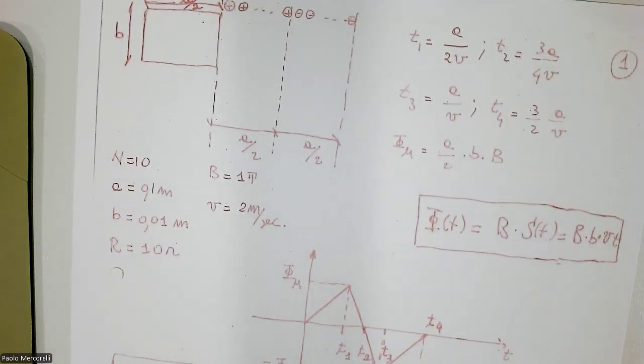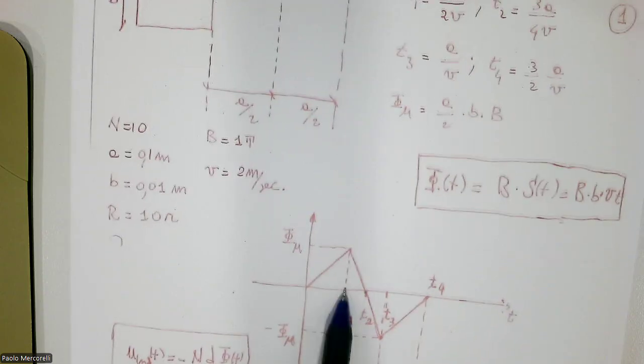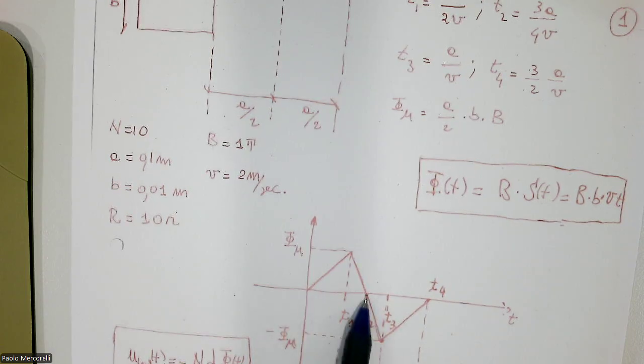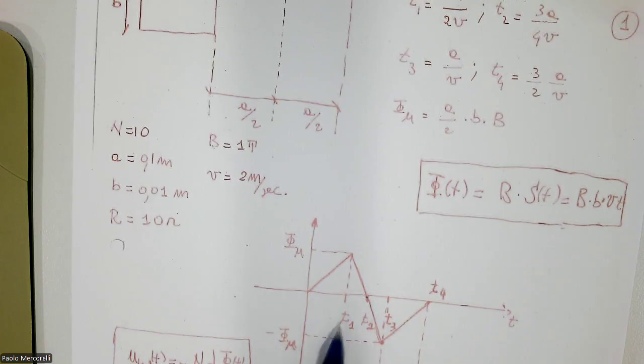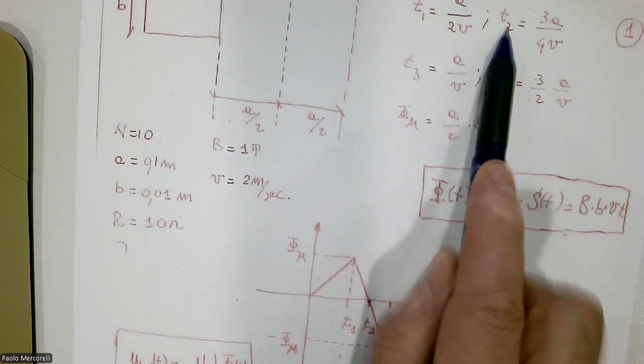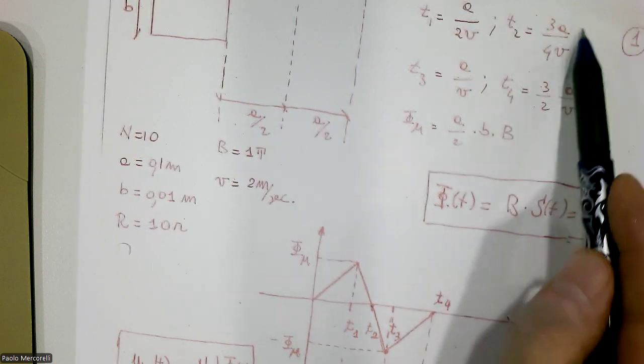But this happens in the time of half of t1. I mean, better to say, t2 minus t1 is half of t1. In this sense, what is t2? t2 is t1 plus half of t1. And this is the result.